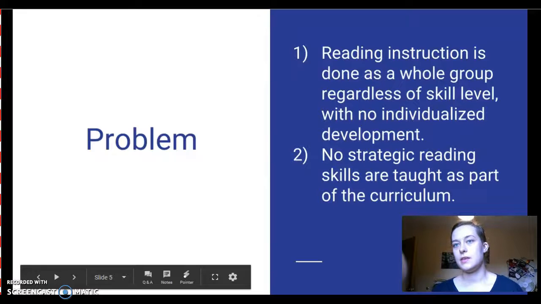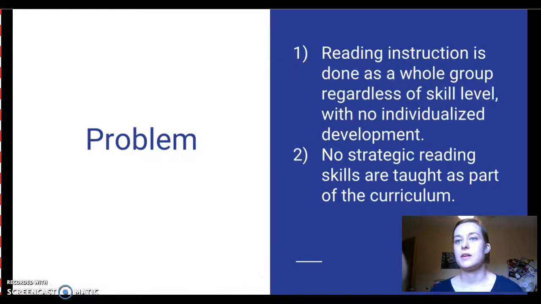After reading the reading supervisor's recommendations, I decided that, as he said, the problem is two things mainly: that the reading instruction is done as a whole group, regardless of the skill level.